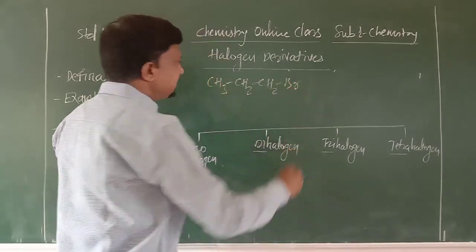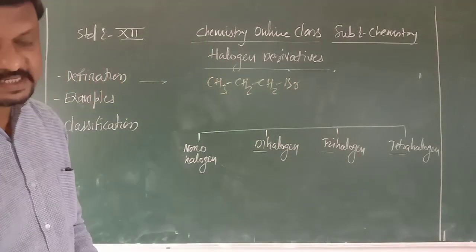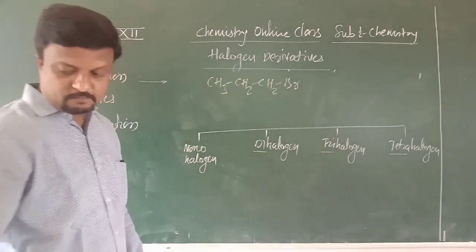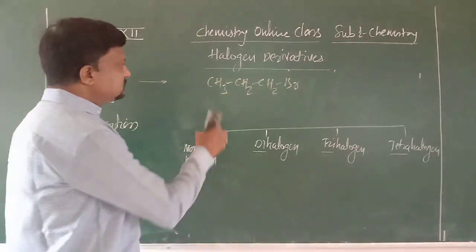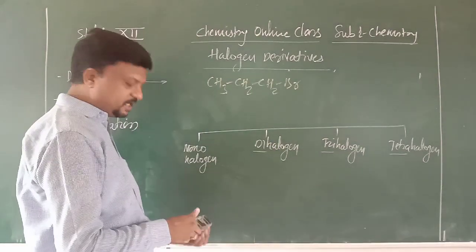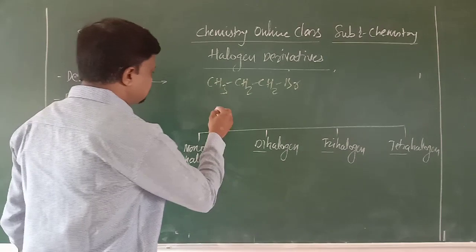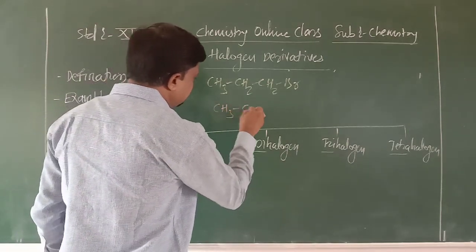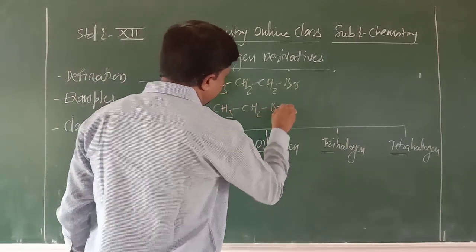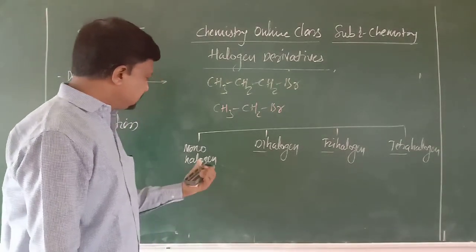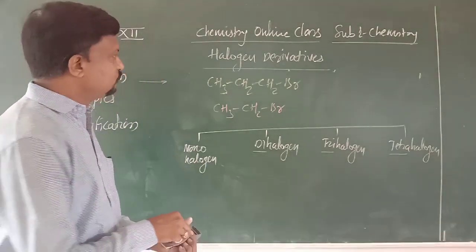See, in that case only one halogen atom is present, and that's why we can say that this is the example for the monohalides, because this compound has only one halogen atom present. If it is so, what will we call it? Monohalides. For example, this CH3CH2Br again contains only one halogen atom, and that's why we can say this is the example for the monohalides.